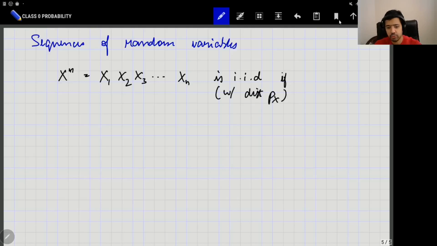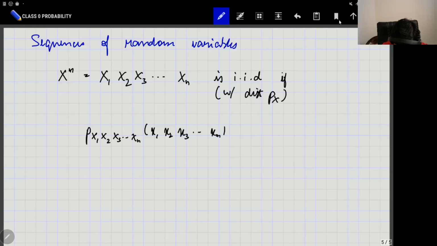So we'll give a formal definition of what it means for a sequence to be IID, and basically what it means is that the joint distribution factorizes into the product of the marginals. So X1, X2, X3 up to Xn. So the joint distribution of all of these random variables is equal to the product.